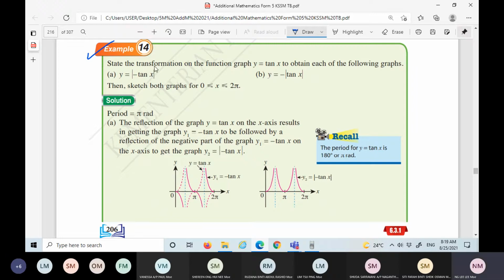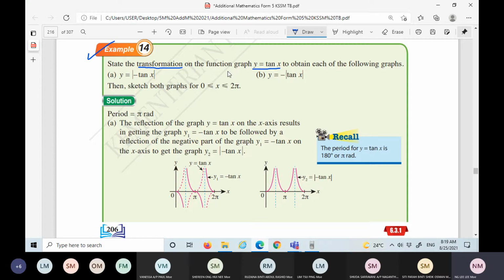This one states the transformation on the function graph y equals tangent x to obtain each of the given graphs, then sketch both graphs for this range. They want you to state the transformations on the function graph y equals tangent x. This one you don't use the table, because you have to compare with y equals tangent x, step by step.